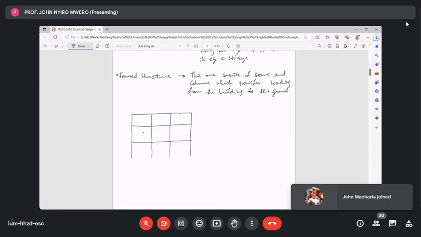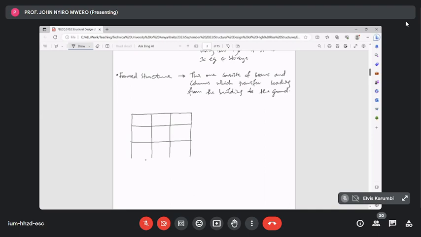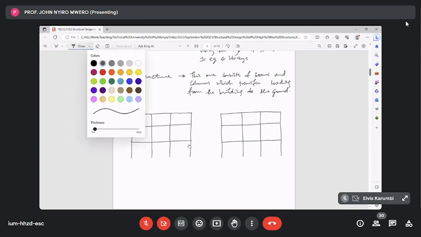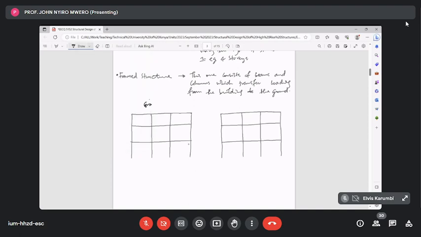Let's assume we have a building here, the same frame of a building, drawn again here. Let us load this first frame with gravity loads, and this other frame, let's load it with lateral loads.